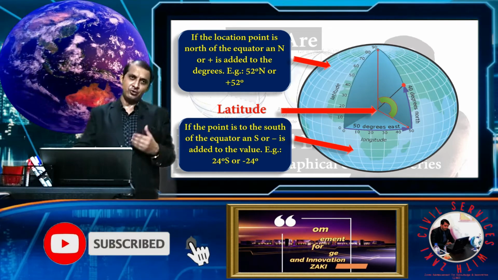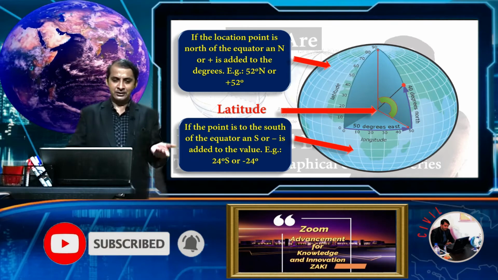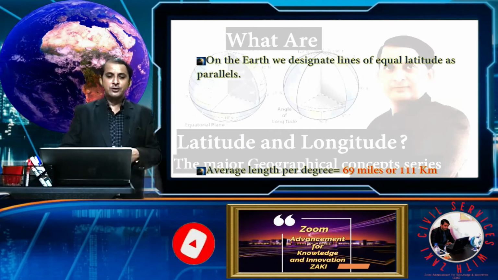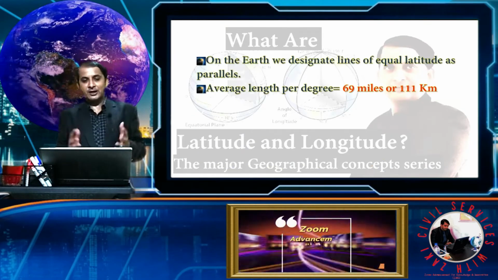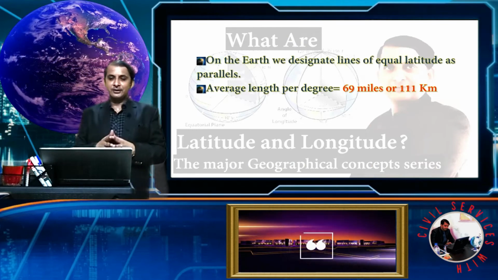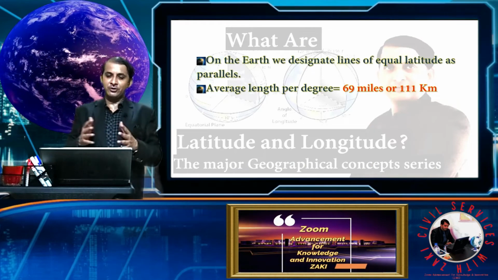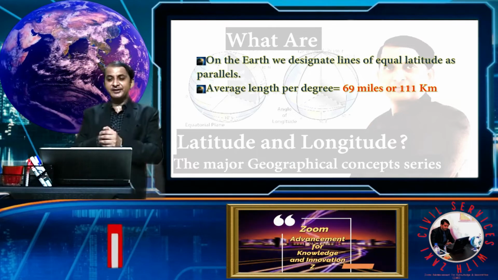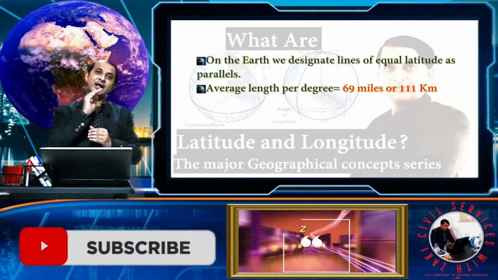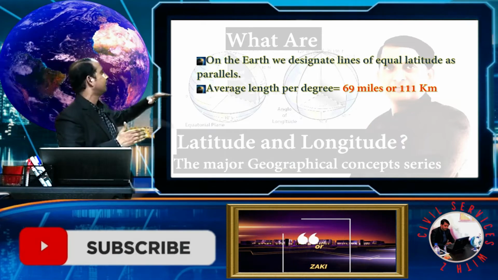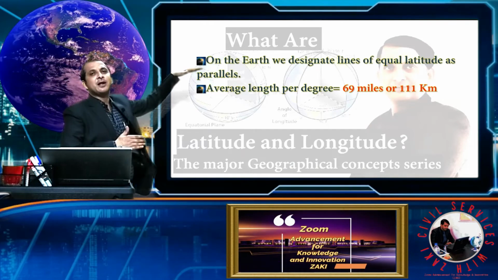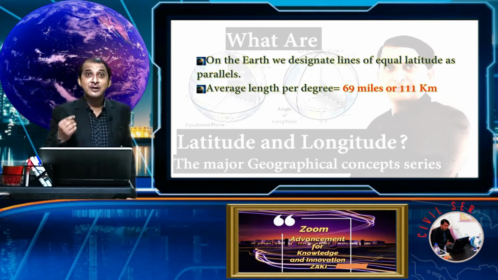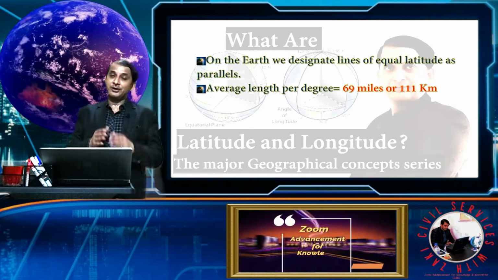Also, we will see the animation after this. On the earth, we designate the lines of equal latitude as parallels. If you see the world, they run parallel, so they are also known as parallels.